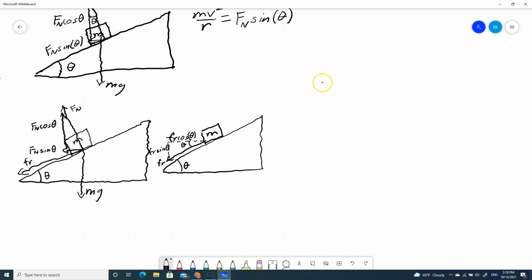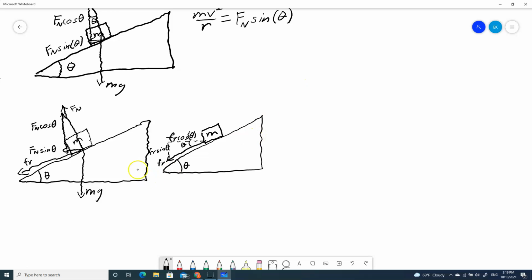So in order to find, let's say, the maximum velocity of the object on a banked curve, first, obviously, we have to know the angle theta of the curve. And once we know that angle, things become a little easier. So once we figure out theta, which is usually given in the problems through some clue, then if the velocity is this big, F_n sine theta cannot fully generate mv squared over r.